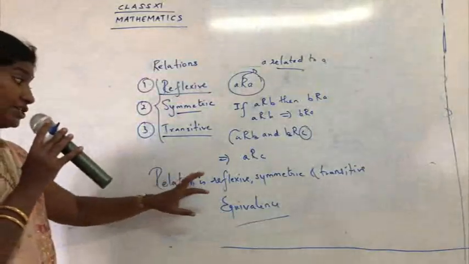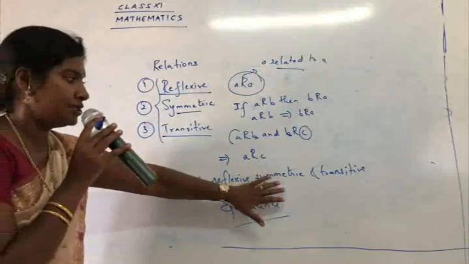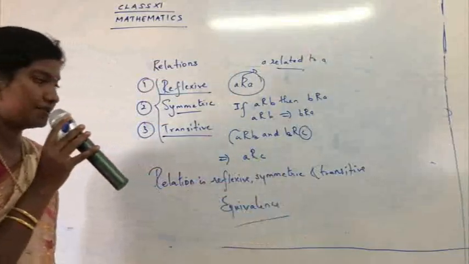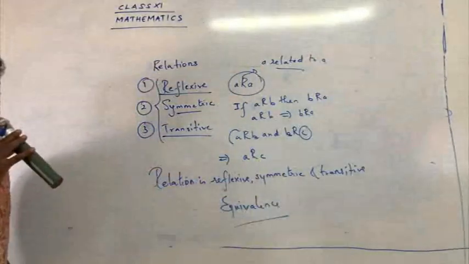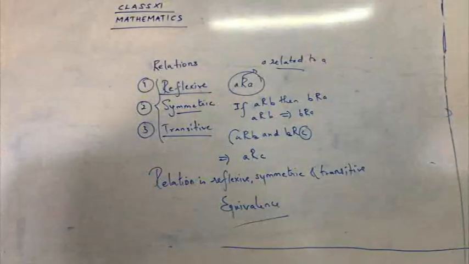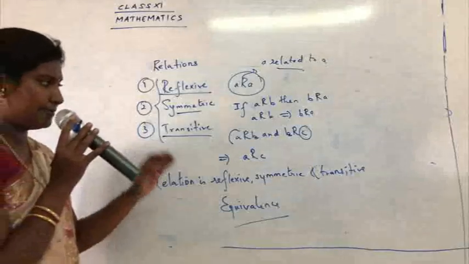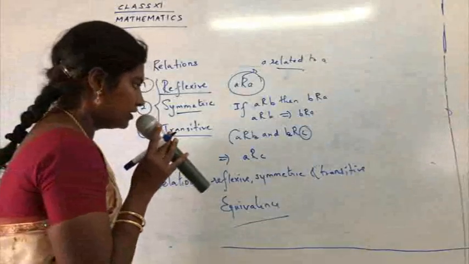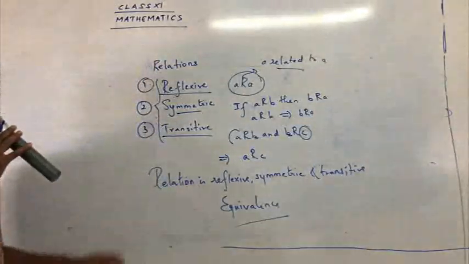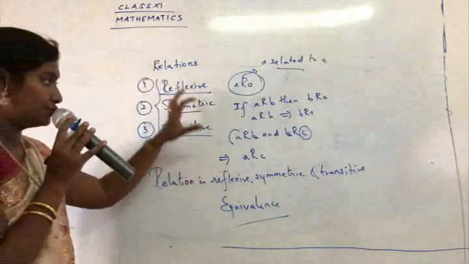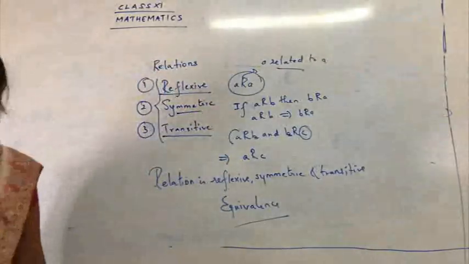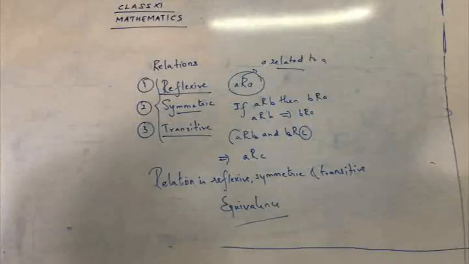Suppose the relation was reflexive, symmetric, but not transitive, you have to say that it is not an equivalence relation. So for an equivalence relation, the relation should be reflexive, symmetric, and transitive. Just note down this point. We should be thorough with this concept so that our exercise 1.2 goes very easy.